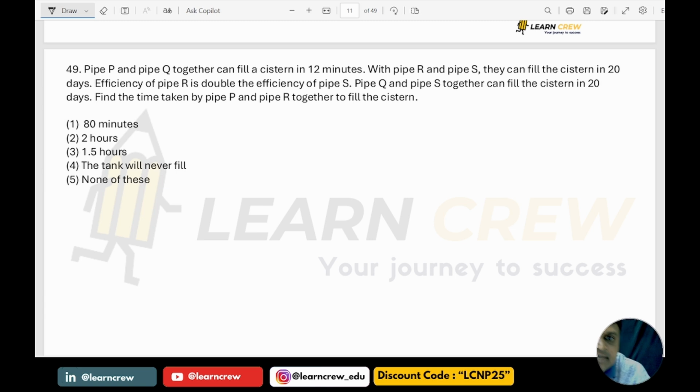The answer here: pipe P and pipe Q together can fill a cistern in 12 minutes. With the help of pipe R and pipe S, they can fill the cistern in 20 days. Efficiency of R is double the efficiency of S. Pipe Q and pipe S together can fill a cistern in 20 days.